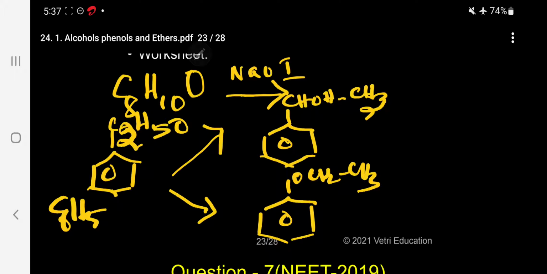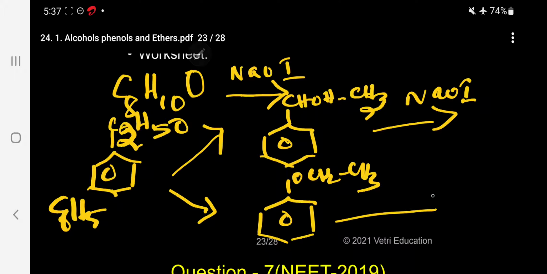So what is happening? We are going to treat with sodium hypoiodide. What is the information given? When treated with sodium hypoiodide, it gives a yellow precipitate. Among these, the ether will not give a yellow precipitate.